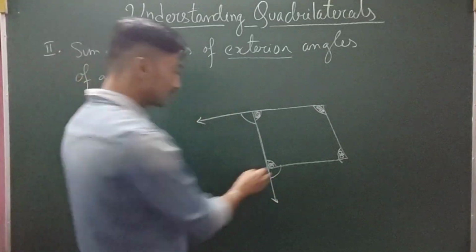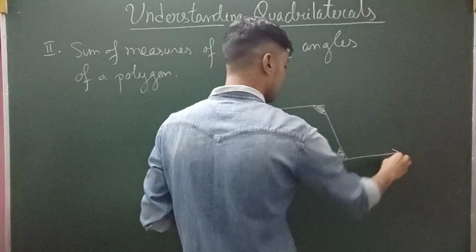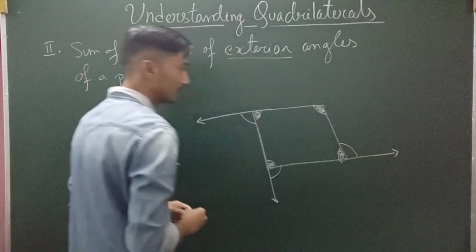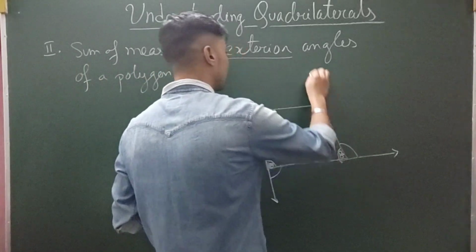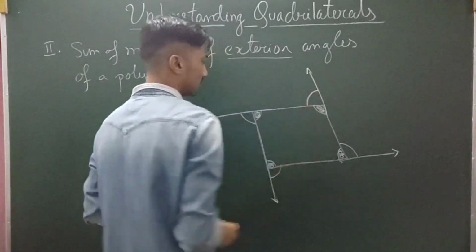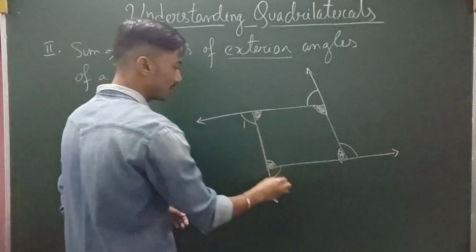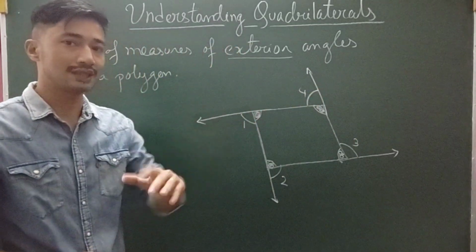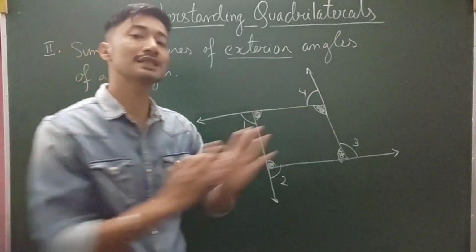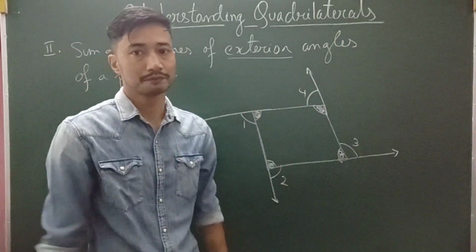I extend this side, another angle is formed, and the last side I extend too. So how many exterior angles are formed? 1, 2, 3, 4. These are called exterior angles, formed when we extend one side of a polygon.